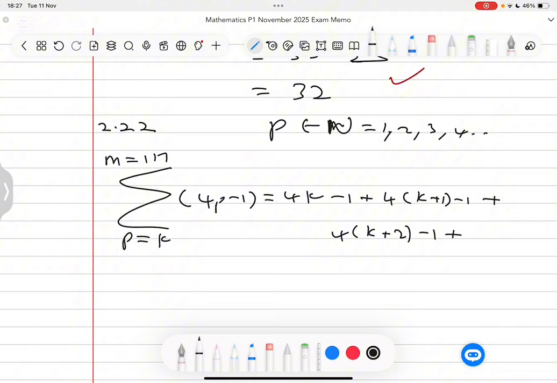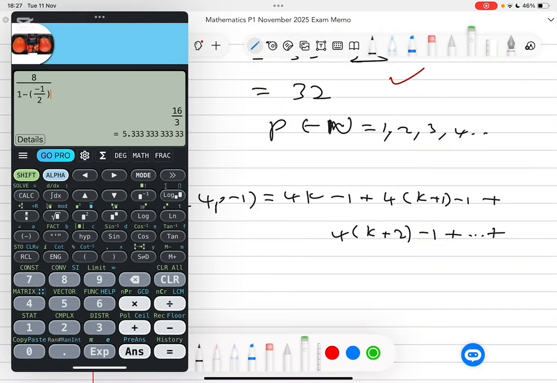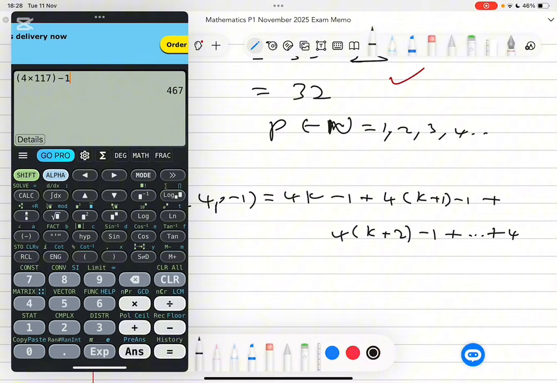You know, just like that until we get to the last term here, m, right? And if we enter m, we then put our p to be 170. Now I'll use a calculator. And this gives me here 467.